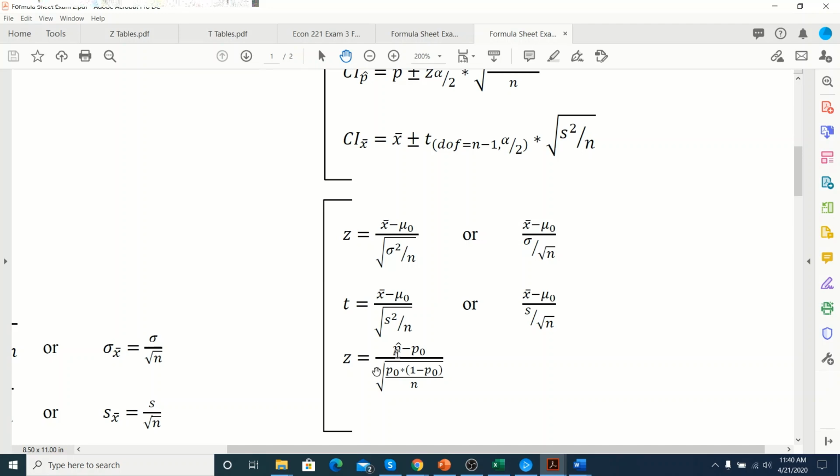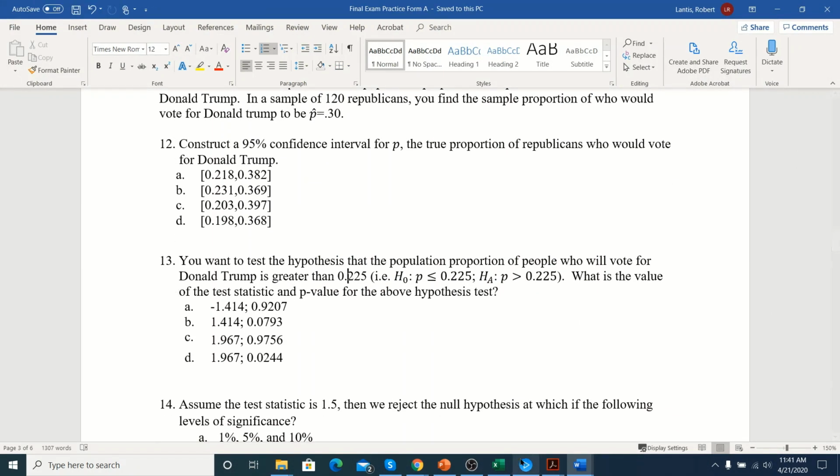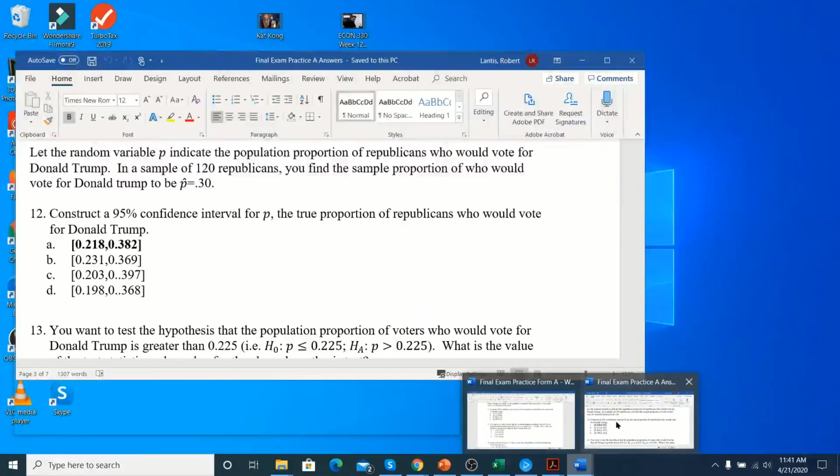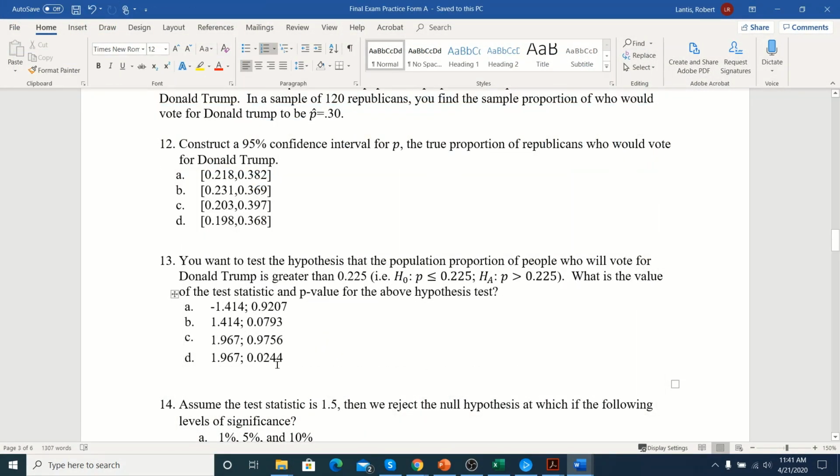If my sample proportion is above the assumed true value, I'm going to be a certain number of standard deviations above the assumed true mean, so it should be positive. If I'm below that assumed true value, I should have a negative. Well, we found 0.3, the assumed true value is 0.225, so this should be a positive test statistic. But if we actually go through it and calculate it, I think it's 1.967. Yeah, 1.967.